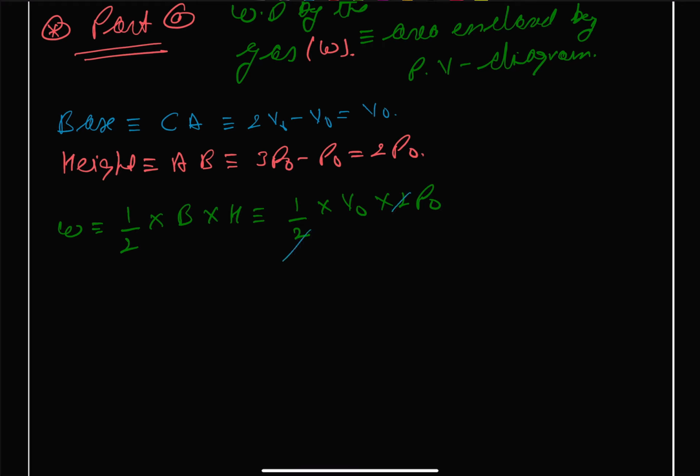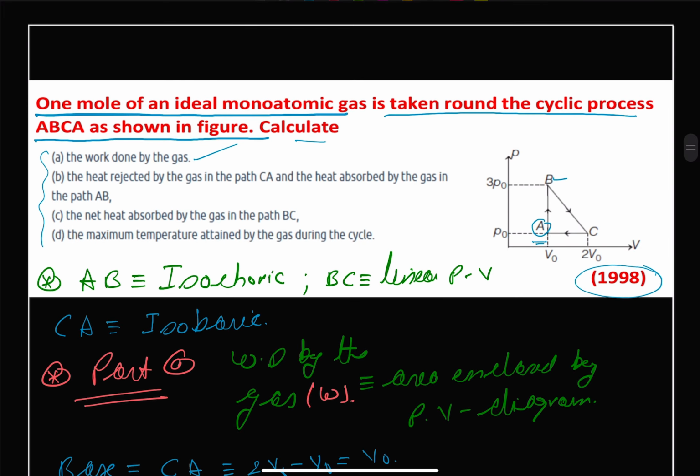This 2 and 2 go away, and we get P0 V0. So this is the work done by the gas. And next, the heat rejected by the gas in the path CA and absorbed by the gas in the path AB.